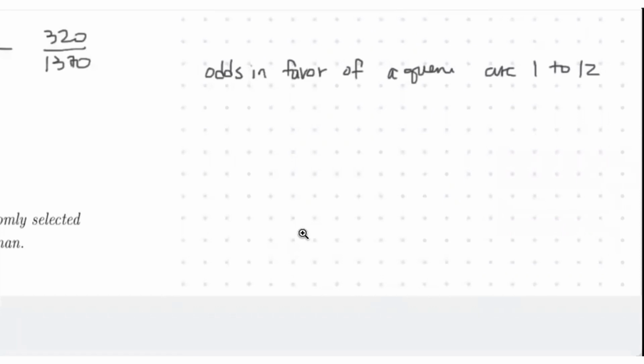What is the probability of selecting a queen from these two numbers? This is a way to select a queen over, which is 1 out of 1 plus 12, 13. That's how you select.